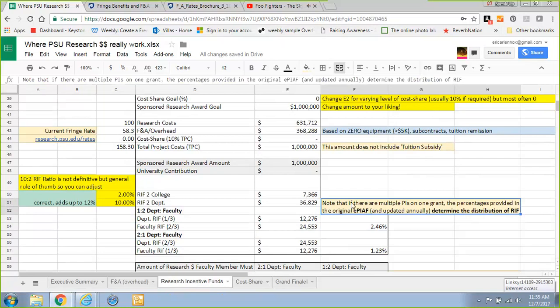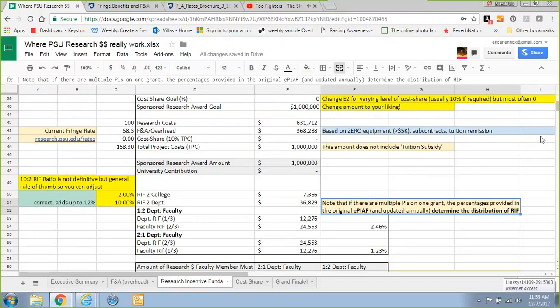So those percentages do actually matter, and usually you're asked to fill them out once a year, recurring, so that if the amount of work done between PIs is done differently year to year, the RIF can reflect that.